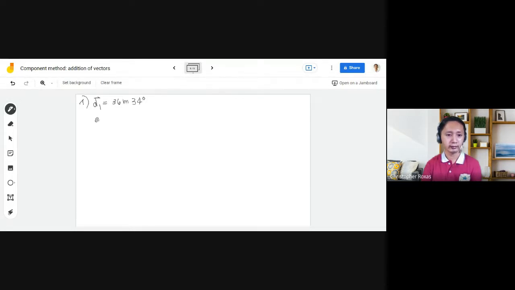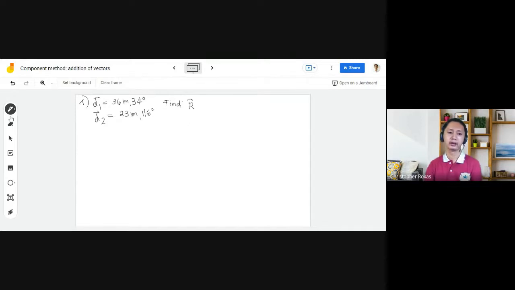The second vector, d2, is equal to 23 meter, 116 degrees. So you have the two vectors. So find the resultant vector, which includes the magnitude and direction.